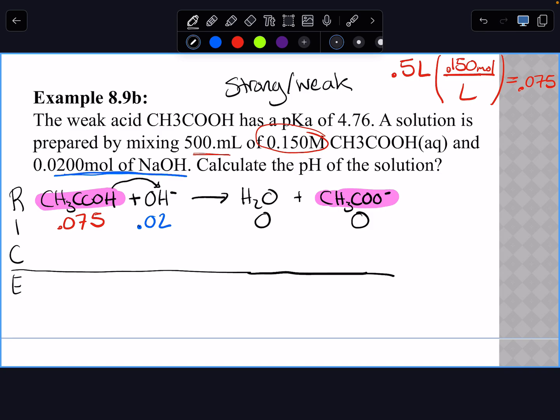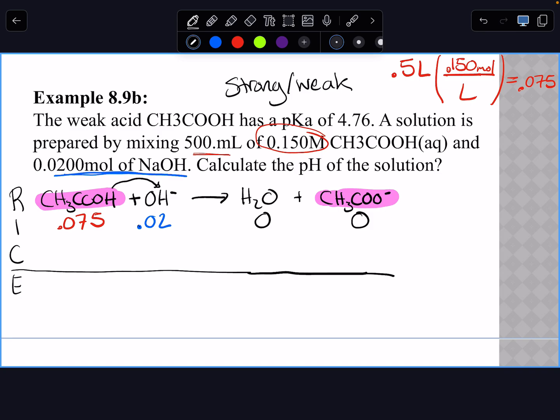Now, this applies technically to any RICE chart: if you only have reactants and no products, and you know the amounts of both, and once again this is not an equilibrium because they're just reacting with each other, the change is always going to be the one that runs out first, because it's going to react and go away.